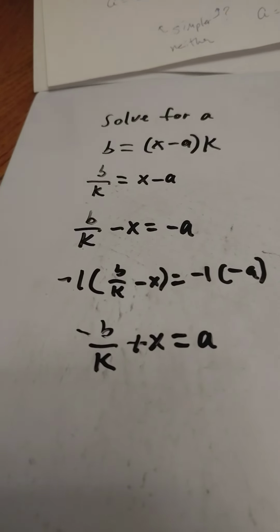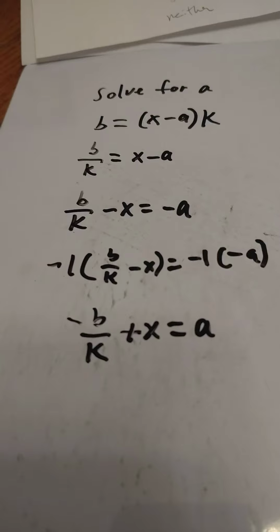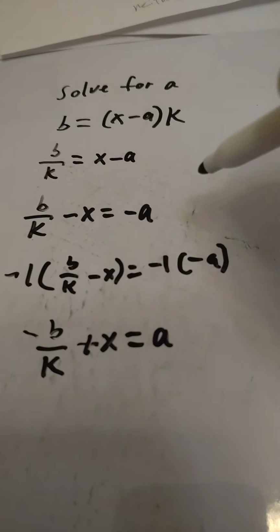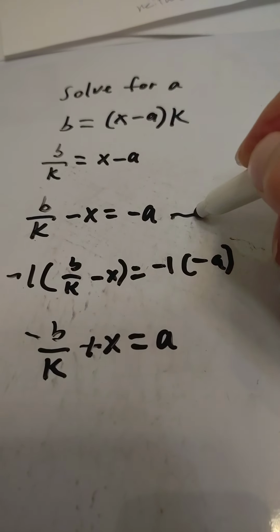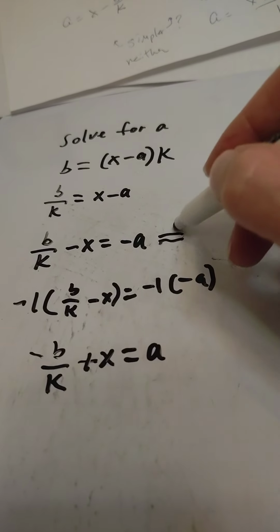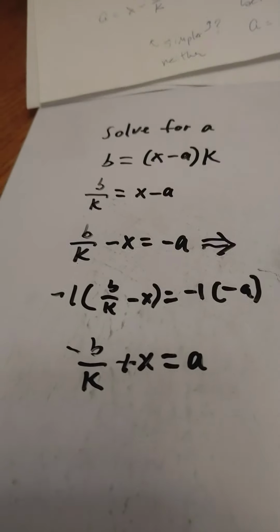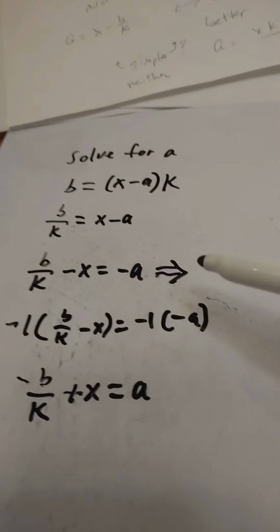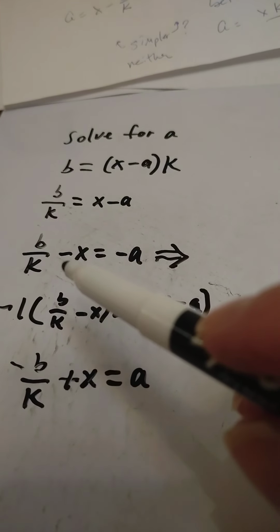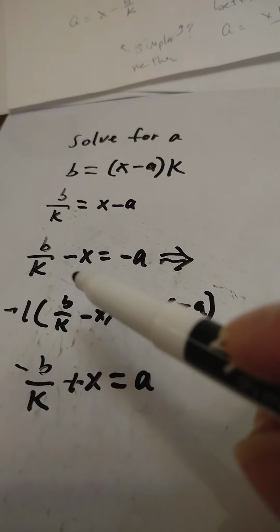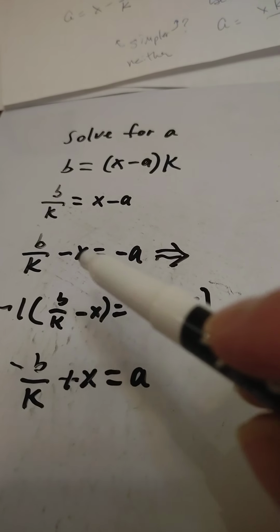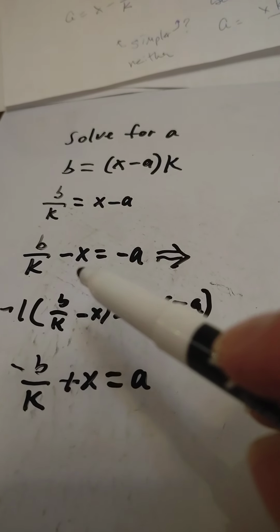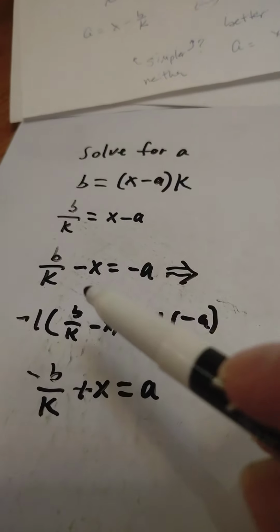So there's our answer. Just for fun, I could have done an interesting idea right here. Let's see, I'll draw this double arrow. It's a cool symbol in math. It means continuing the thought. So from this step, I could have done something clever here. When I multiply this left-hand side by negative 1, whenever you're subtracting two terms like we are here, if you switch the order, it's the equivalent of multiplying it by negative 1.